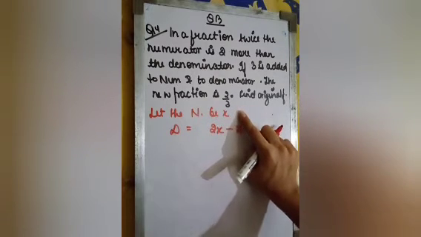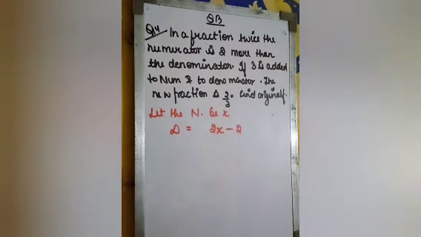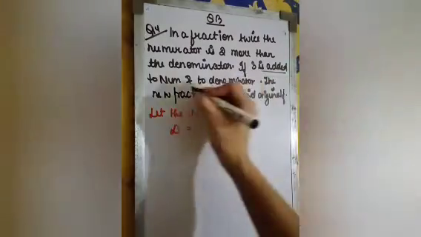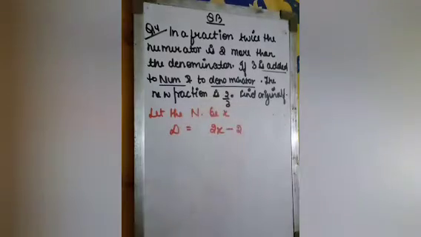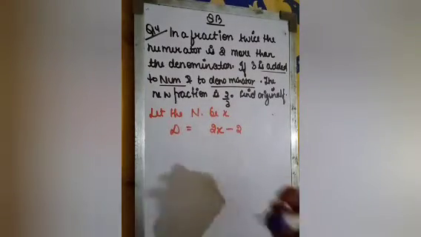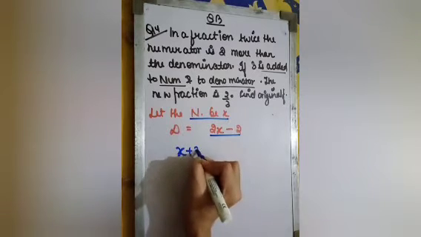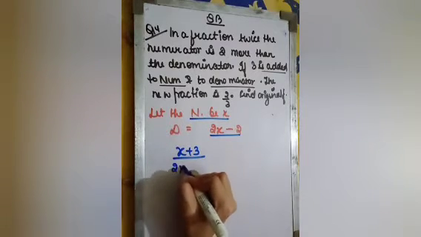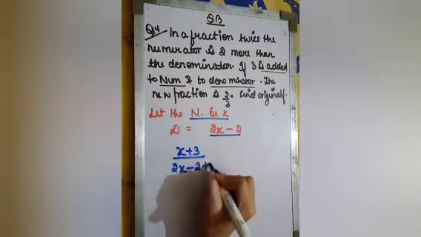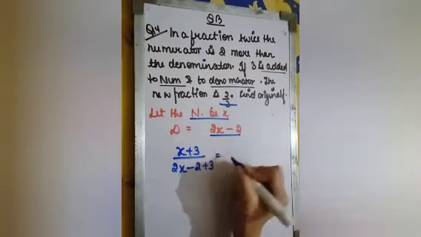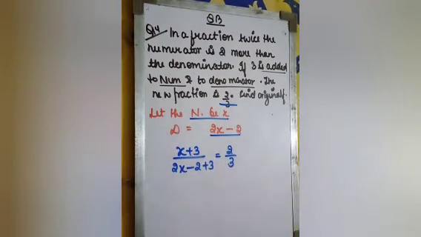Okay, now they are saying if 3 is added to the numerator and to the denominator. This is your numerator and this is denominator. Now if 3 is added to both of them, the new fraction is 2/3.